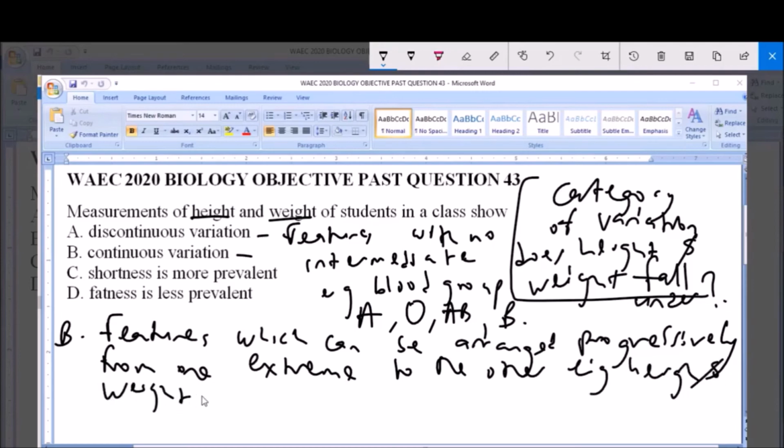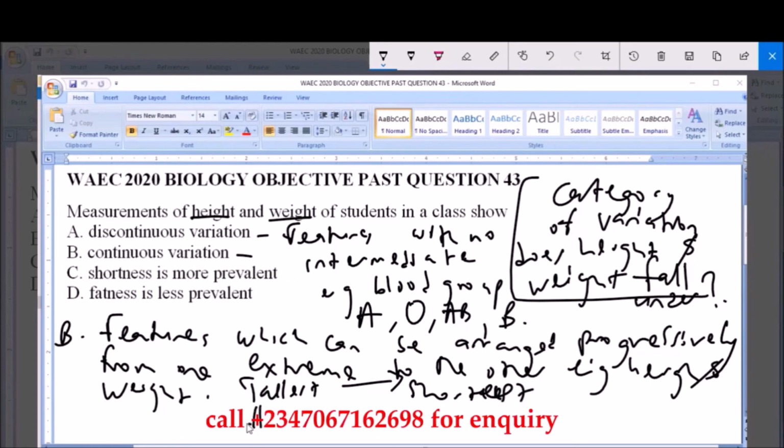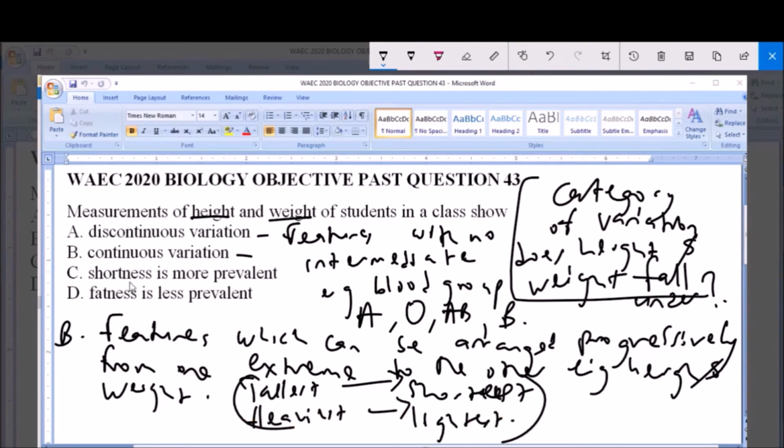If you have 20 students in a classroom, you can rank them progressively from the tallest to the shortest. Likewise in weight, you can rank from the heaviest to the lightest. So it is continuous variation.